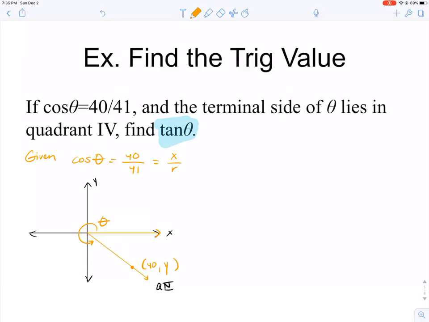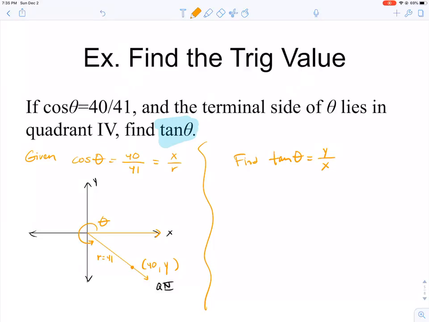We don't know the y coordinate, and the r value will have to be 41. So the distance of the point from the origin will be 41. We're being asked to find tangent of theta, which remember is y over x.